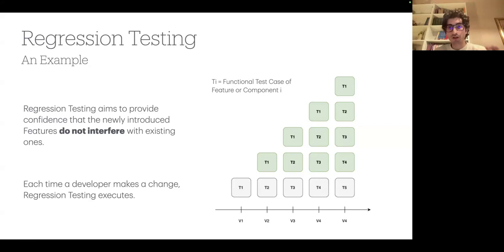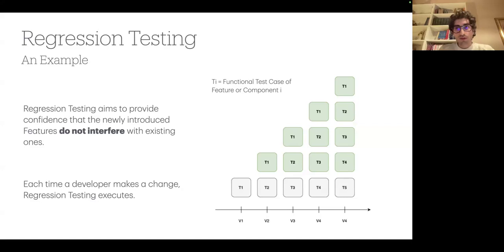Here, in this version, the regression testing would consist of running the test for feature number 1 to verify whether, of course, the previously developed feature continues to work correctly. And after some time, let's say that he produces a third feature, so he will launch the regression testing on feature number 1 and feature number 2. So we can say that each time a developer makes a change, regression testing is executed.